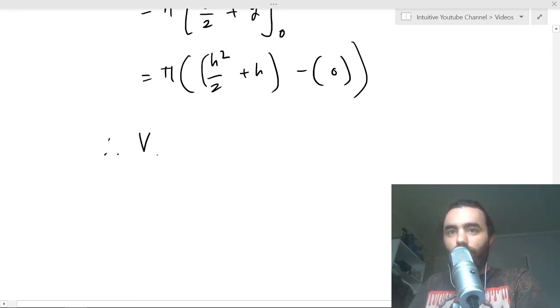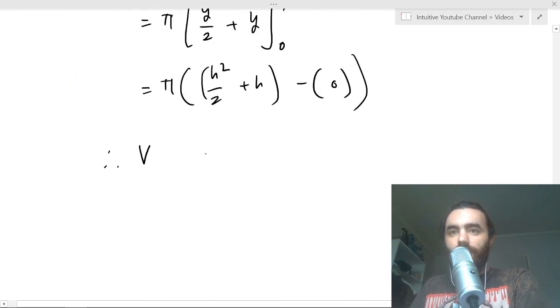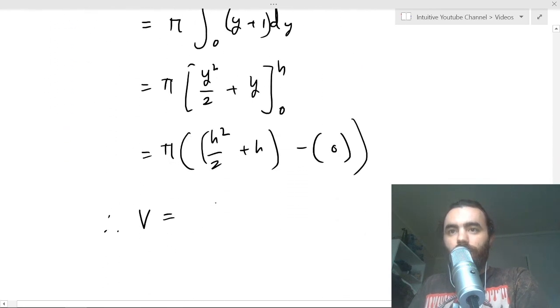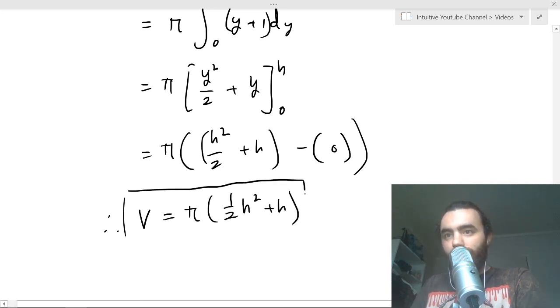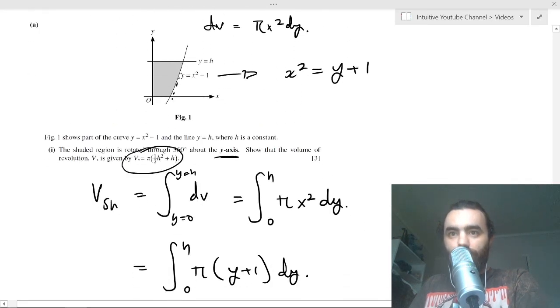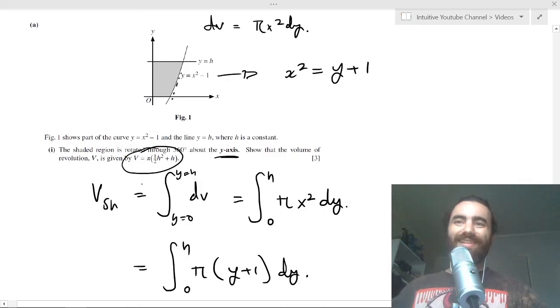So therefore the volume is equal to pi times half h squared plus h, which is what we had above. Right there. Cool, so that's 6 integration examples.